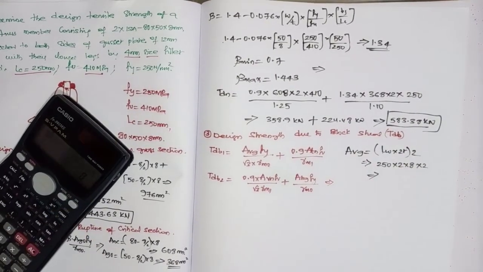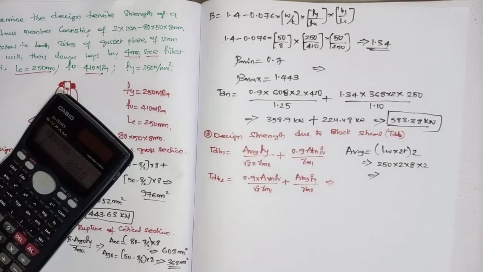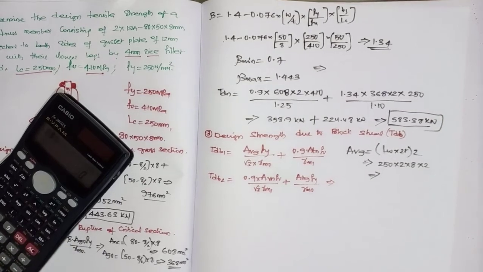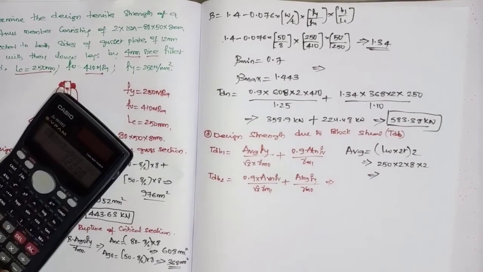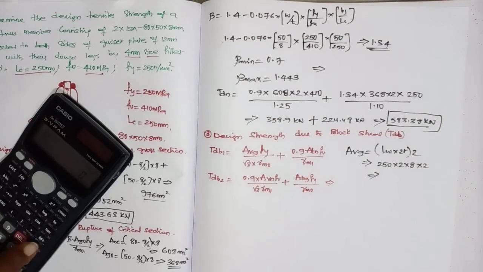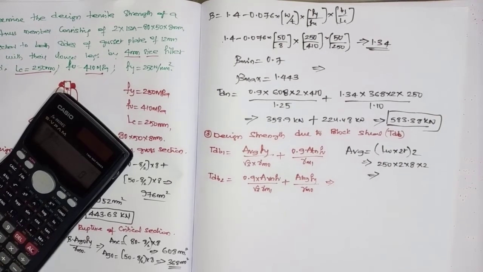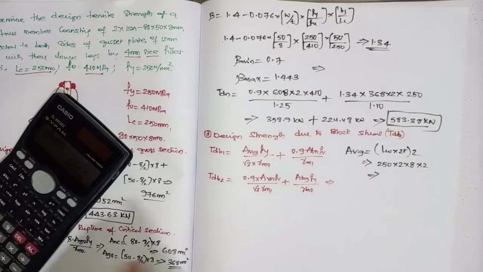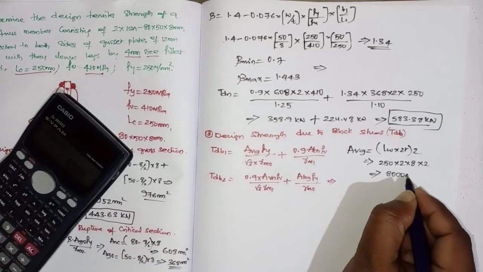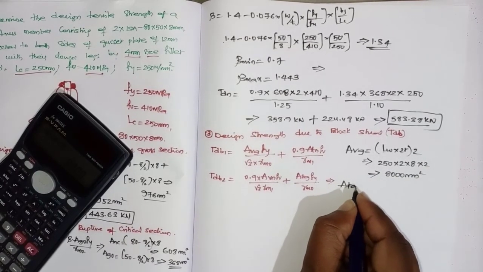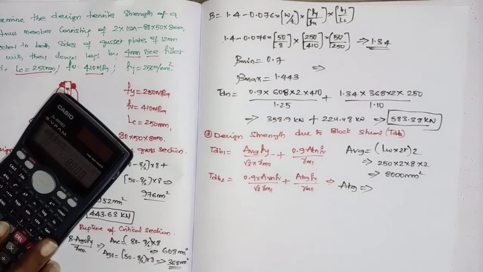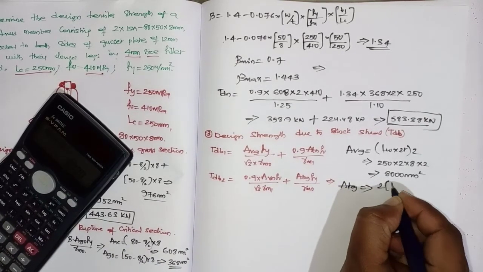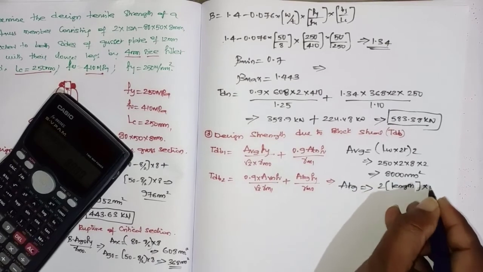Okay, how much are you getting? Next, Atg: 2 times the length of the connected leg into t.